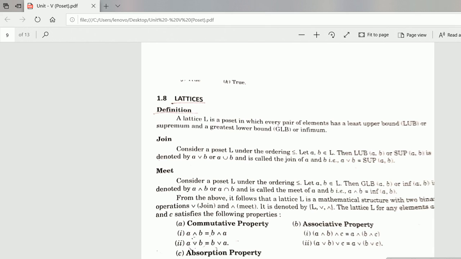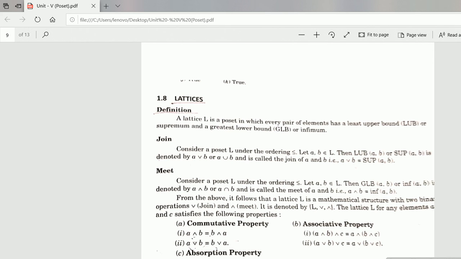A lattice, denoted by L, is a poset in which every pair of elements has a least upper bound, or supremum, and a greatest lower bound, or infimum. Join: consider a poset L under the ordering.